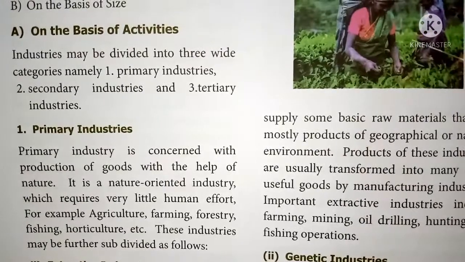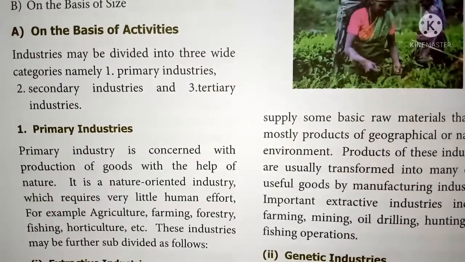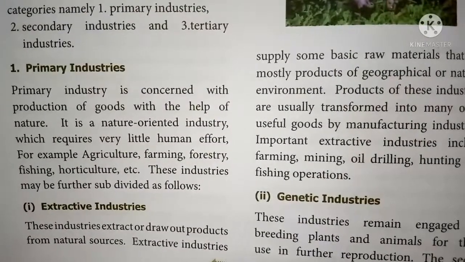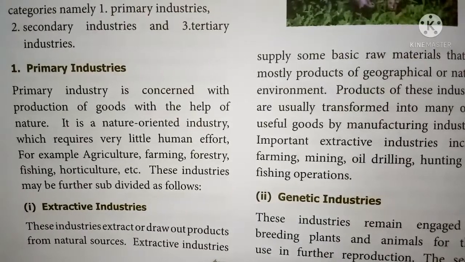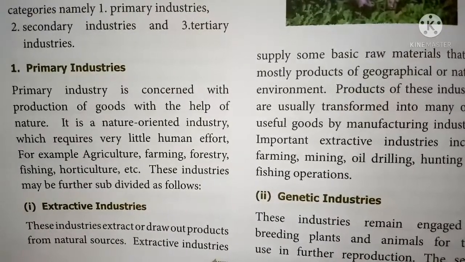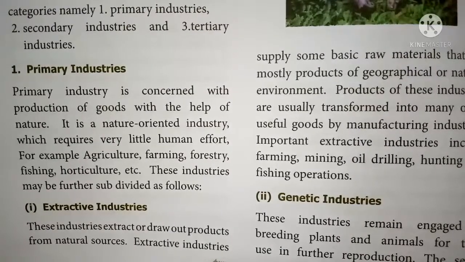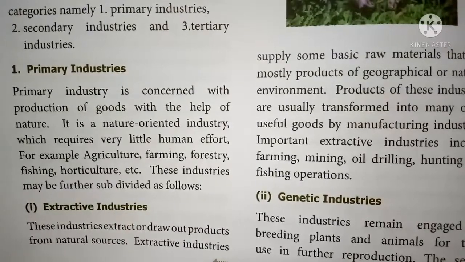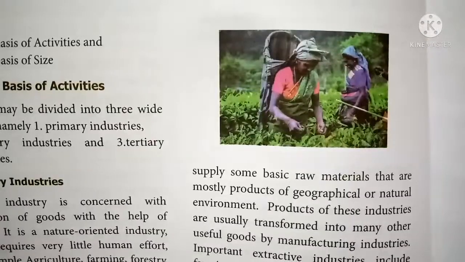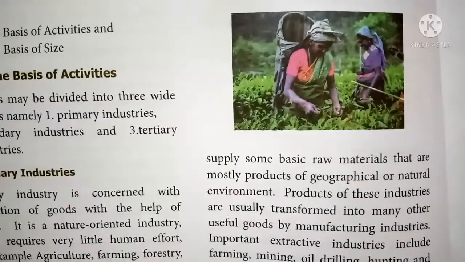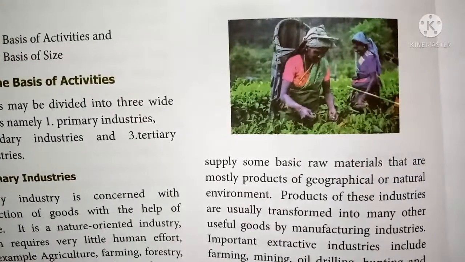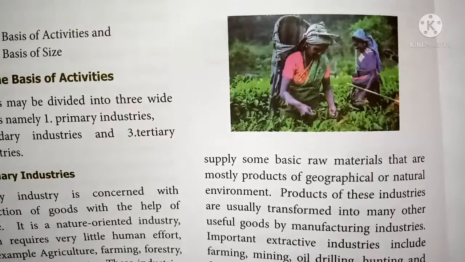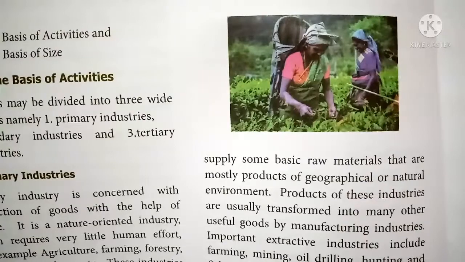These industries may be further subdivided into extractive industries. Extractive industries are those industries that extract or draw out products from a natural source. That type of industry is called extractive industries. They supply some basic raw materials that are mostly products of the geographical or natural environment.